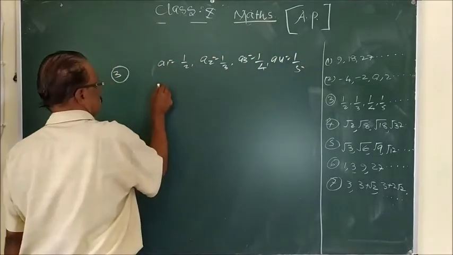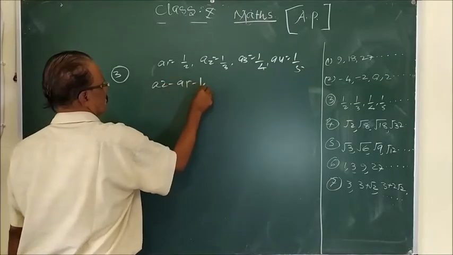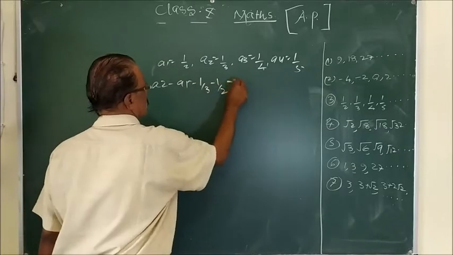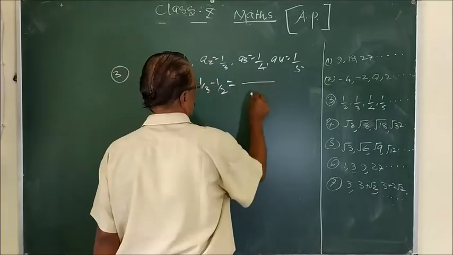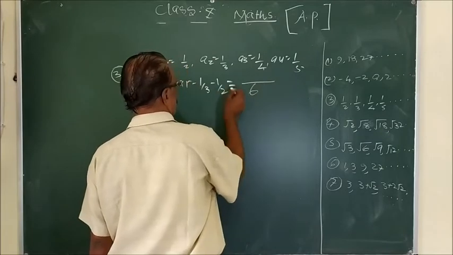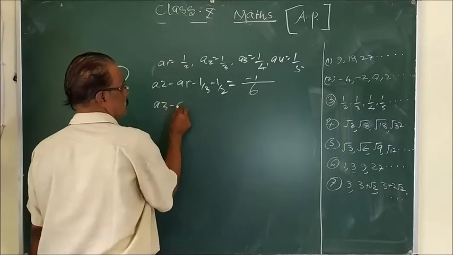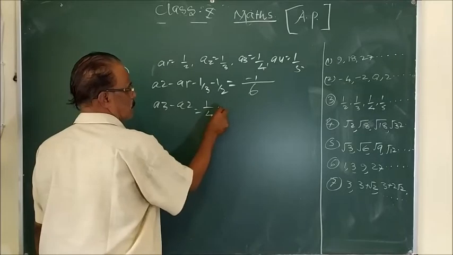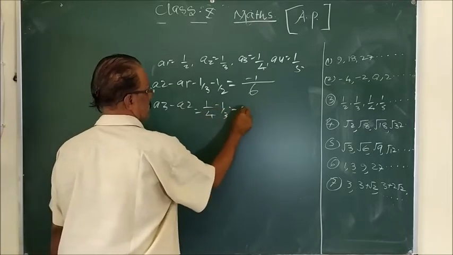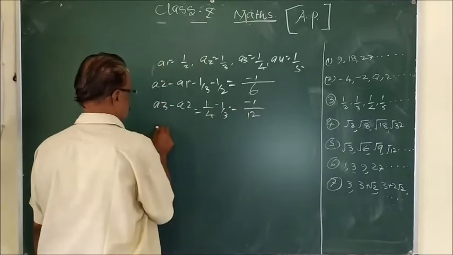Now you find A2 minus A1. So 1 by 3 minus 1 by 2, you can find the LCM and simplify: 2 minus 3, that is minus 1 by 6. A3 minus A2: A3 is 1 by 4, so 1 by 4 minus 1 by 3, LCM 12, 3 minus 4, minus 1 by 12.